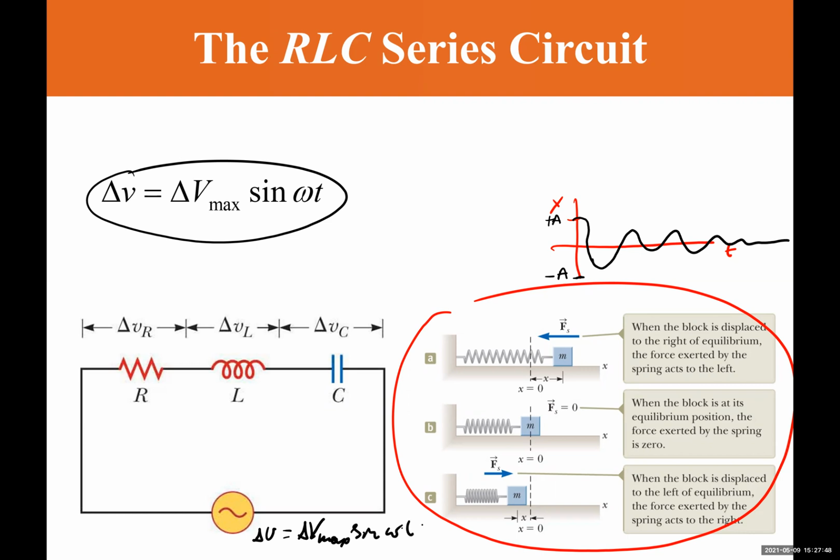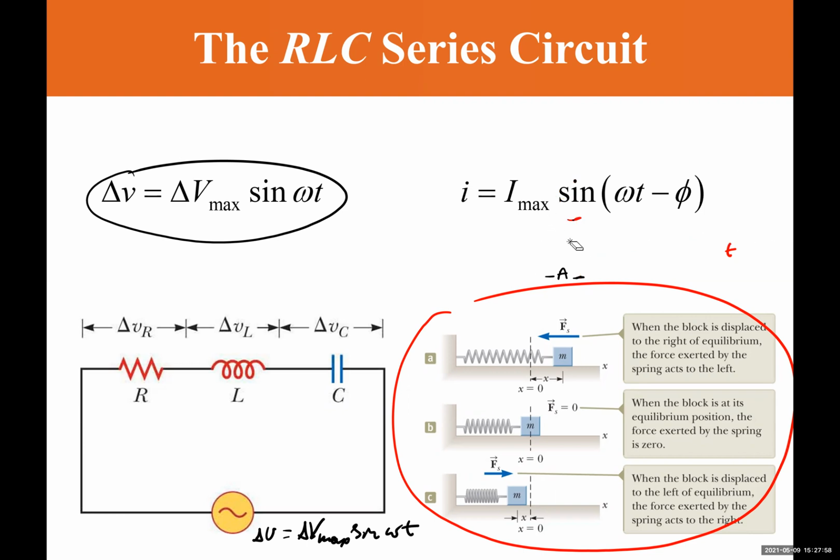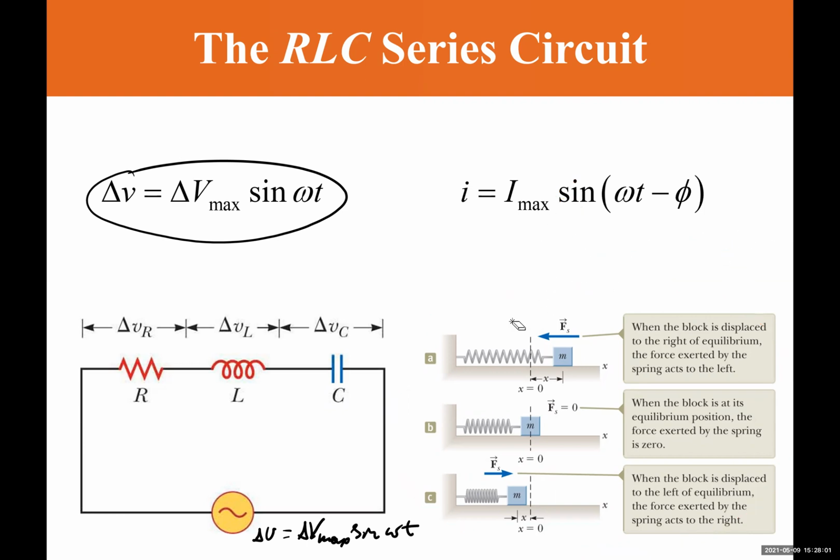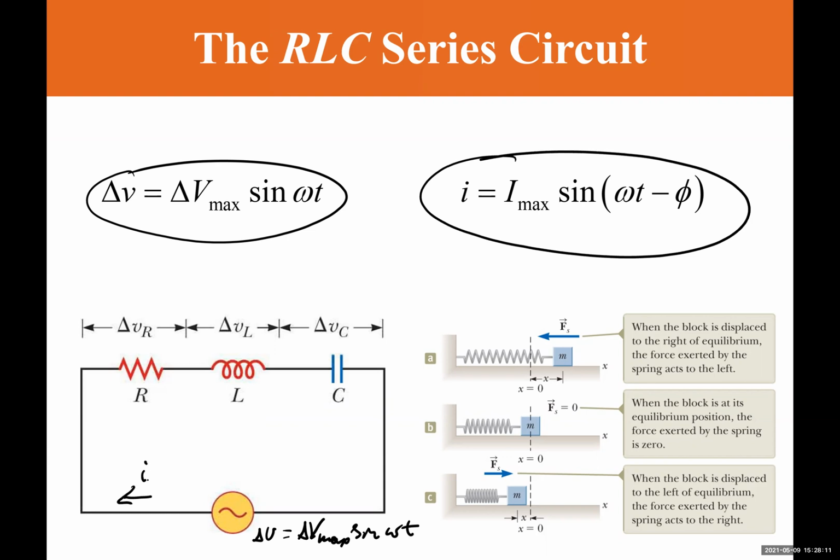Then the current will be, again, time varying, and it will be I max sine of omega t minus phi. One thing we know is that because all three circuit elements are in series, the same current will have to go through each one.